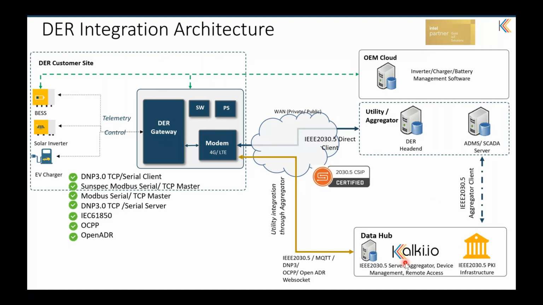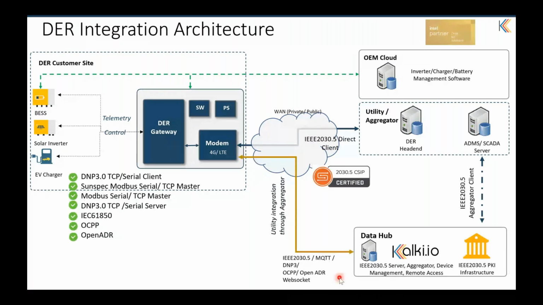In addition to this, Calcure, which is the aggregator software, can also act as an NMS device management software. It does the management of the gateways and the other equipment out there in the field, like configuration of the gateways, modems, etc. It can do the firmware management of the devices.